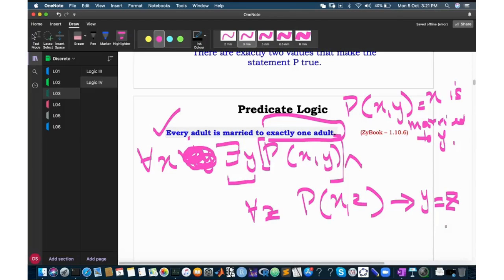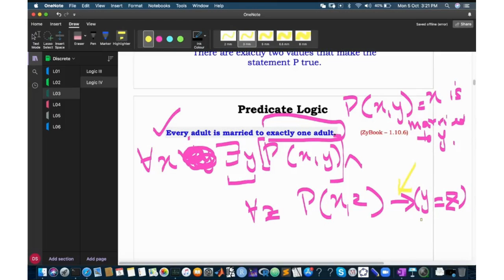This implication is saying that if x is married to z, then that person must be y. That's why we used implication. The implication part is making sure that x can't be married to someone else. It's saying that if x is married to z, then z must actually be y. It can't be anyone other than y.